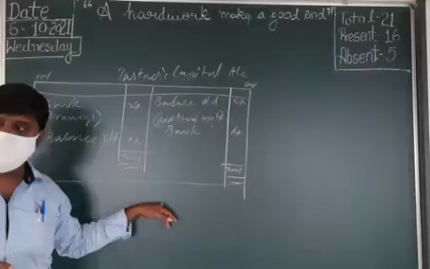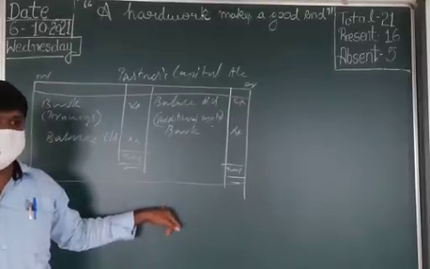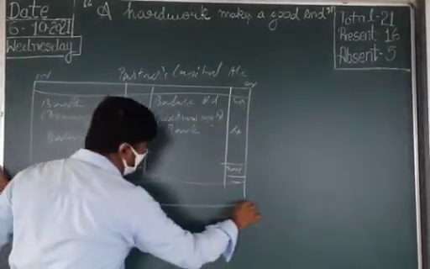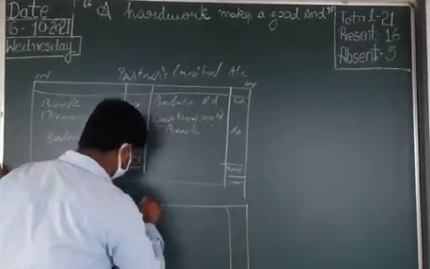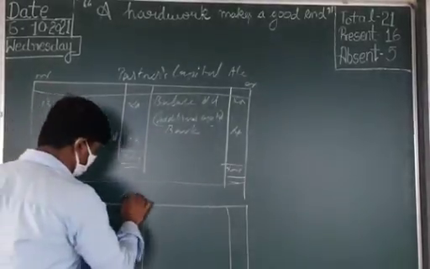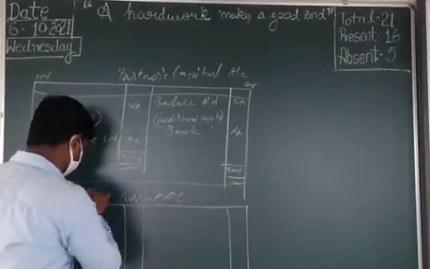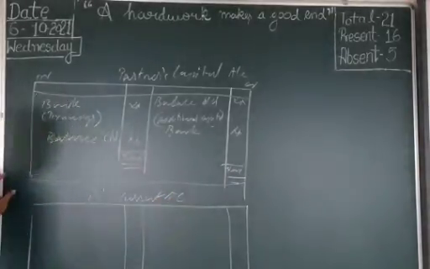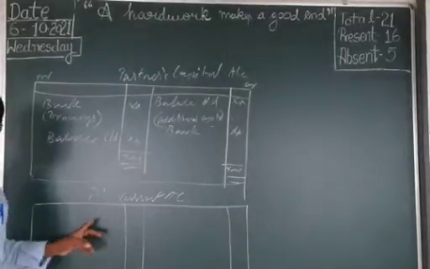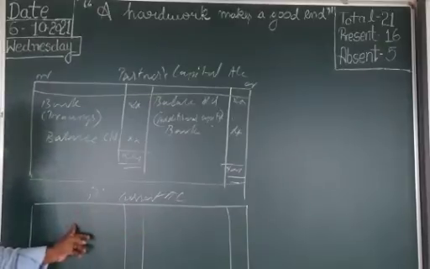But in the case of the partners' current account, the balance can come on either side, this side or this side.